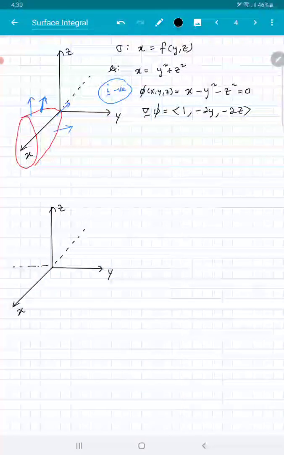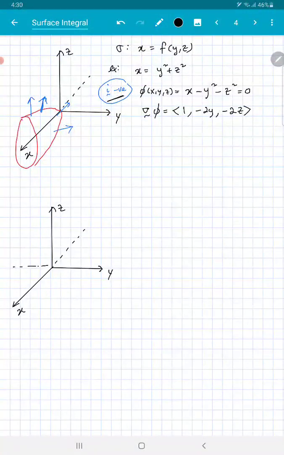Now check your x component. It's equal to positive 1. But what we want is a negative x component. So your normal vector would be negative del phi, which in this case would be negative 1, 2y, 2z. That would be the normal vector because you want your x component to be negative, since the surface is facing the negative x-axis.